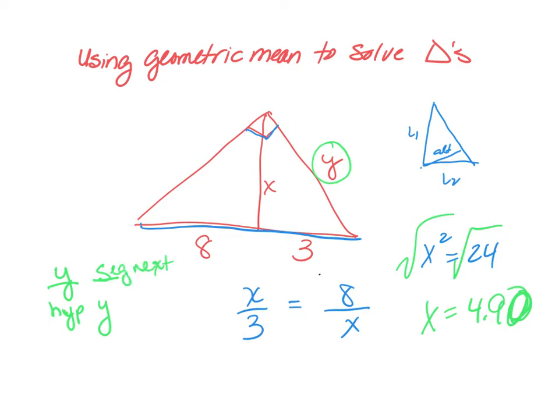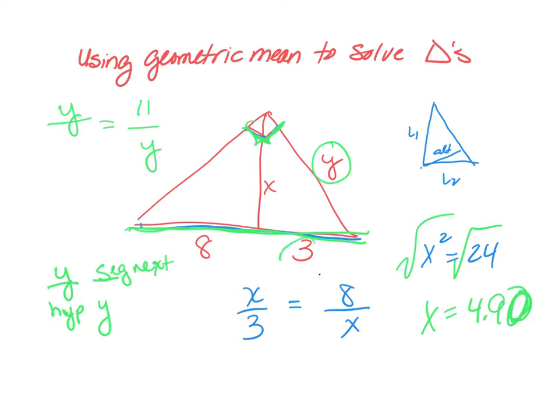Okay? So we know the leg is y. Y is the geometric mean, goes in two places. How much does the whole hypotenuse measure? Since the hypotenuse is this side here, the side opposite the right angle in the triangle, it's 11.